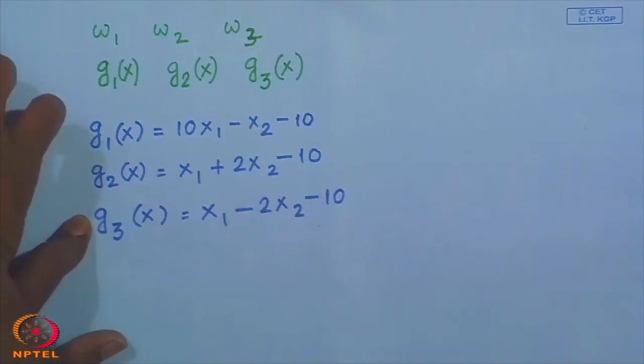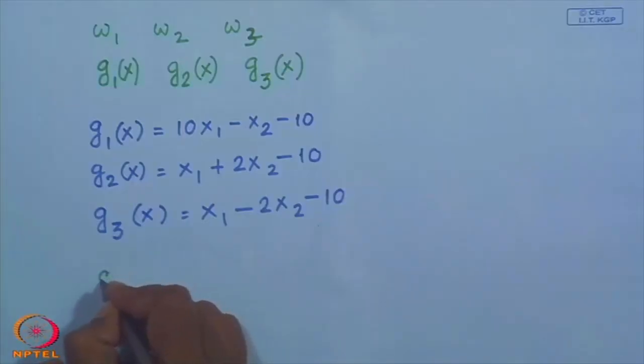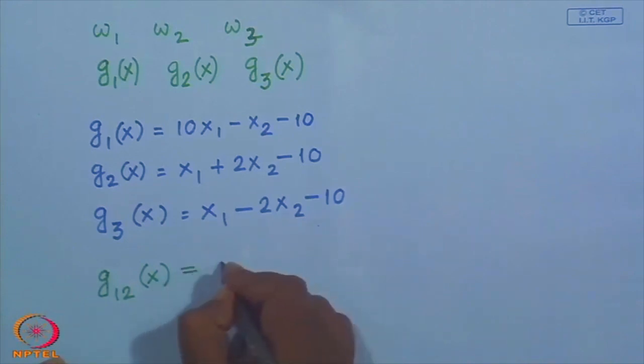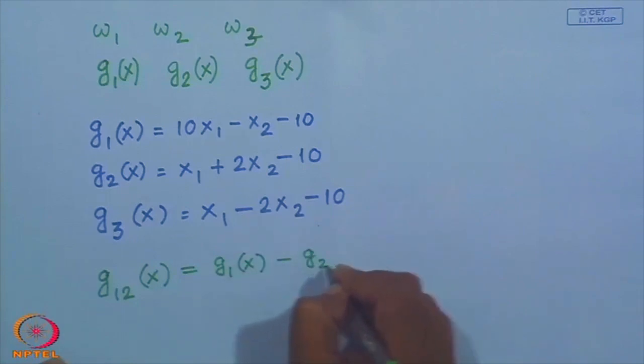Now, what I want to do is find out the decision boundary between pairs of classes. Between omega 1 and omega 2, what is the decision boundary? Between omega 2 and omega 3? And between omega 1 and omega 3? For that, I need to compute g12 of x, which will be given by g1x minus g2x.